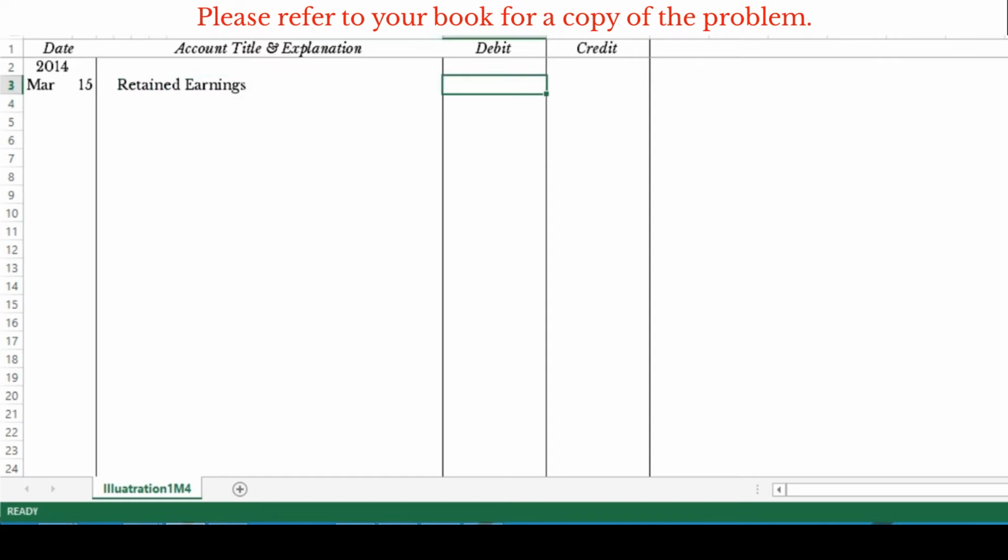So that would be debit of 10,000. At the same time, we will also credit the account that we call cash dividends payable. Now, this account is reported as current liability in the statement of financial position. So that's it for our entry on the date of declaration.